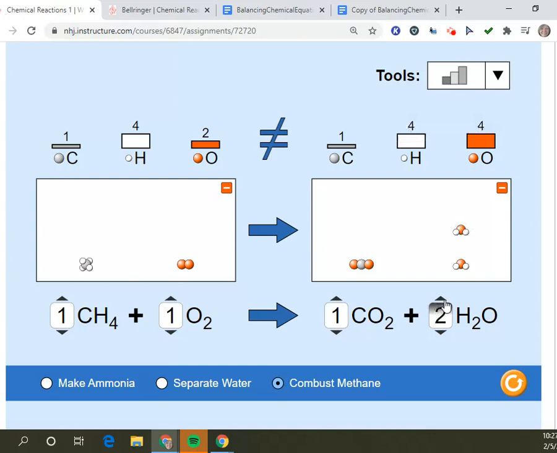So increase that. All right, now we have 1 carbon, 4 hydrogens. We have too many oxygens on the product side. We need to increase the oxygen on the reactant side. Now one thing I want you to really remember, we get the happy face so we know it's good, but in your head, you are recounting every time you change a number, but you can do it visually with this box.